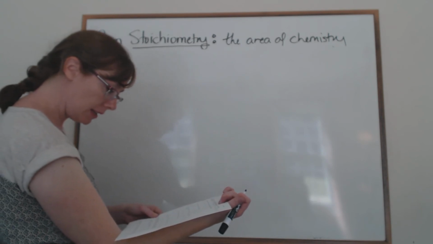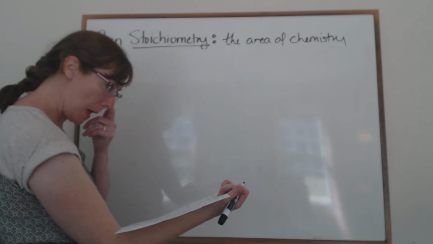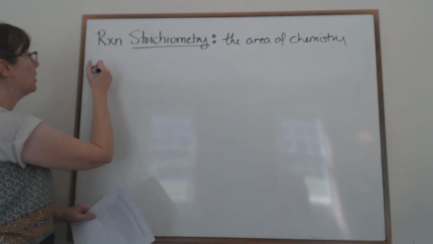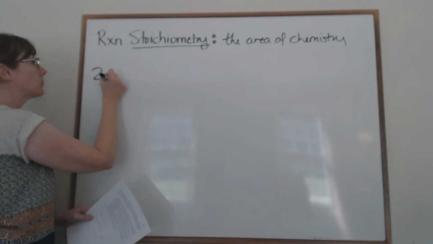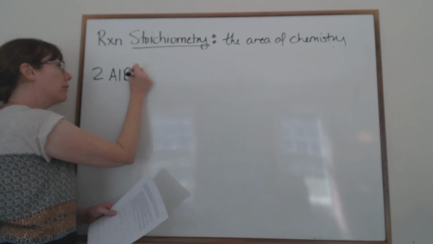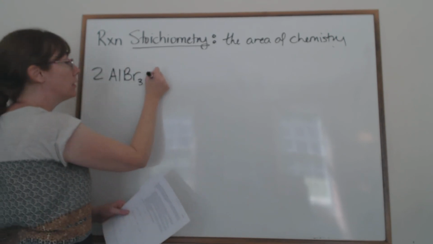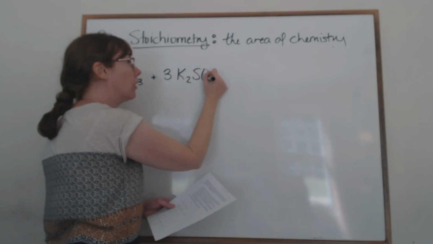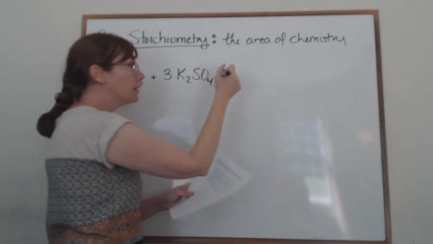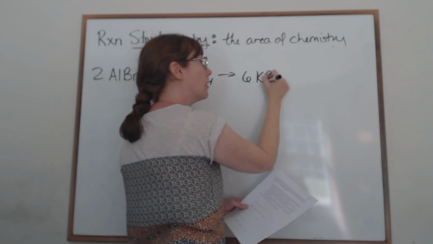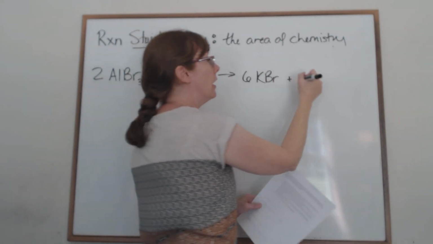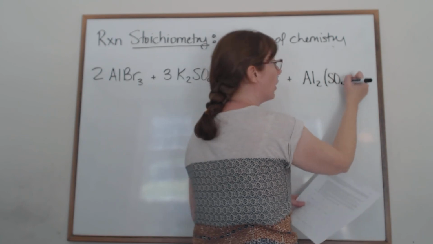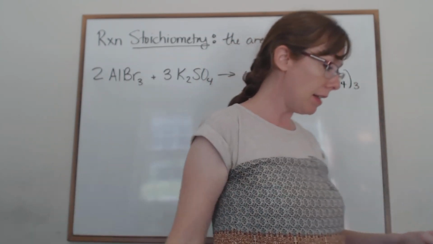Trying to see one that has different coefficients, but that's fine. We'll just do this one. 2 AlBr3 plus 3 K2SO4, potassium sulfate, yields 6 potassium bromides plus Al2(SO4)3. Okay, so I've got a balanced chemical equation.